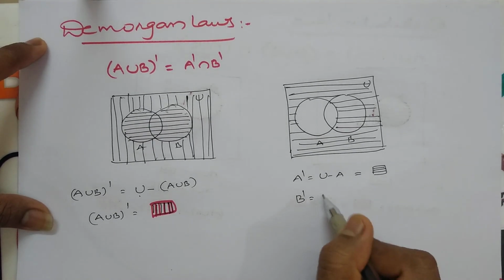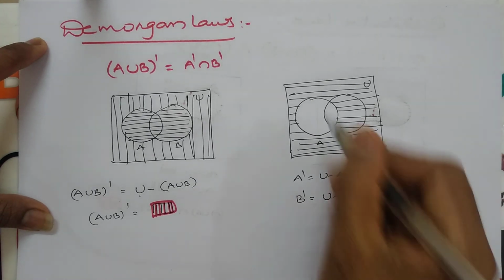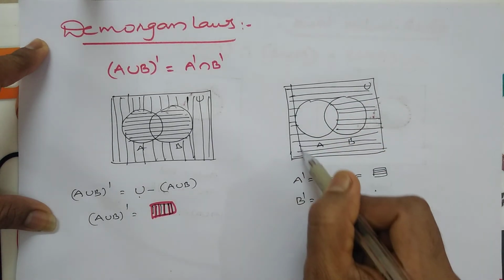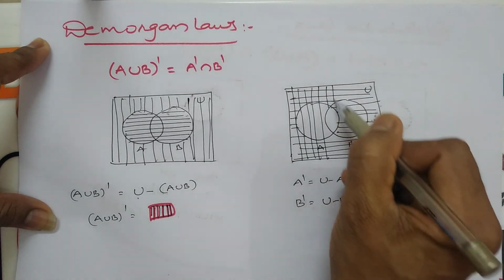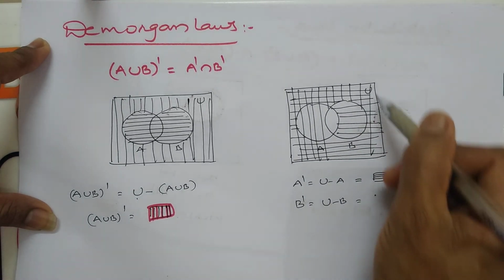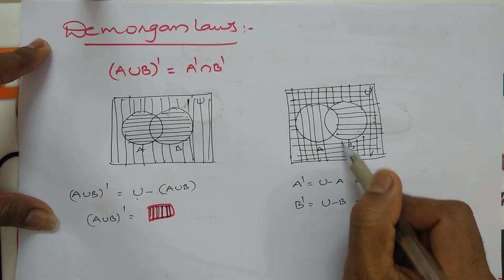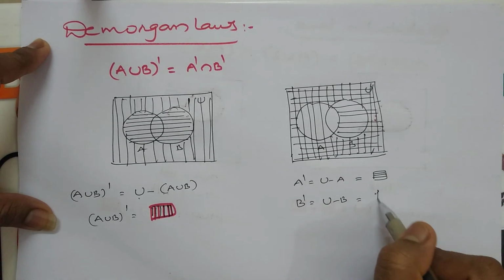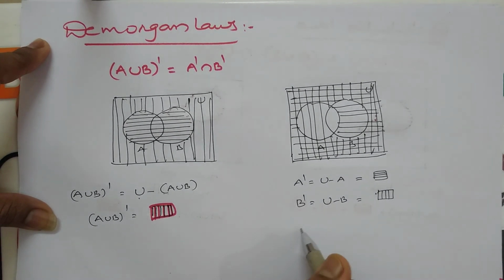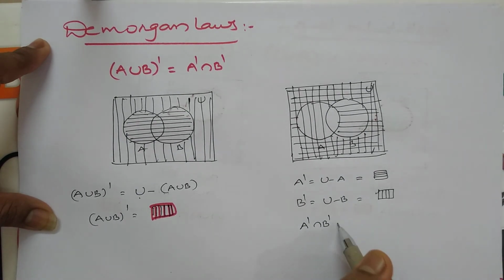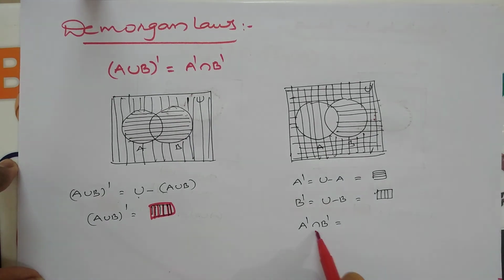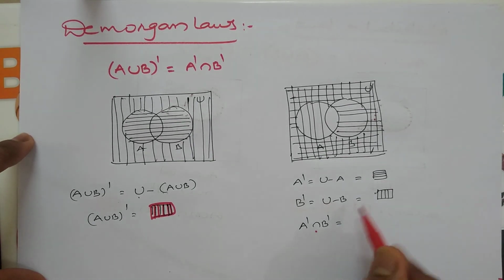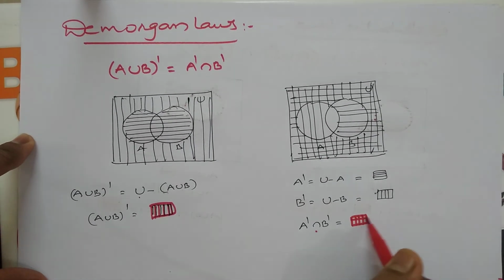B complement, U minus B. Except B, everything will come. Vertical. Now A complement intersection B complement. What is there in between these two operations? Intersection means which are common. Which are common means the double shaded region.